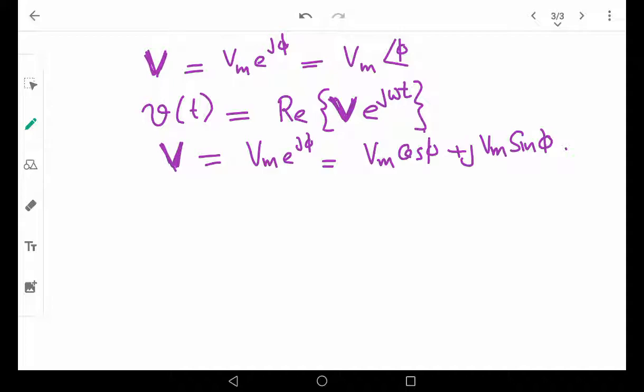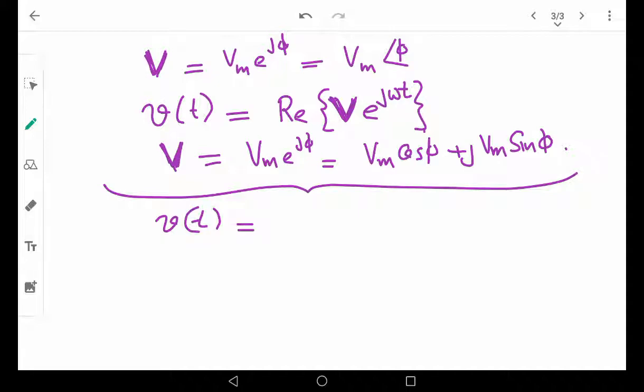Now we will see some examples. For example, if you have a signal v of t equal to Vm cos of omega t plus phi, it can be transformed into a phasor V, which equals Vm angle phi.